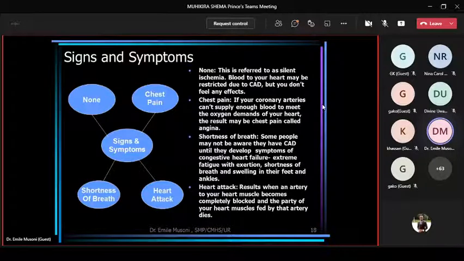Atherosclerosis and diabetes are called silent killers. Most of the time, we are not aware that we have coronary artery disease until we develop some symptoms like chest pain, shortness of breath, swelling in the feet and ankles.